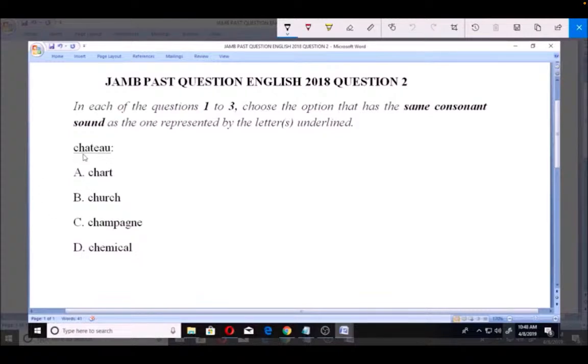So we have shuttle. Then we have chart, we have church, we have champagne, we have chemical. So if you take a listen at the sound, you're going to find out that the first one is sha.